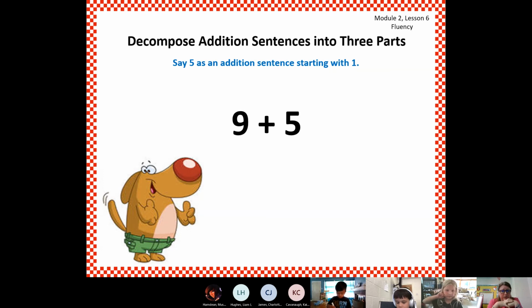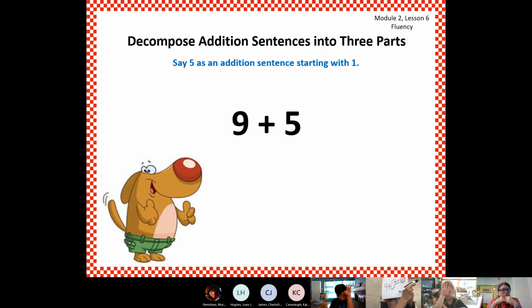Show me with your fingers. If we're breaking apart, it's 1 and what? Good, it's 1 and 4.